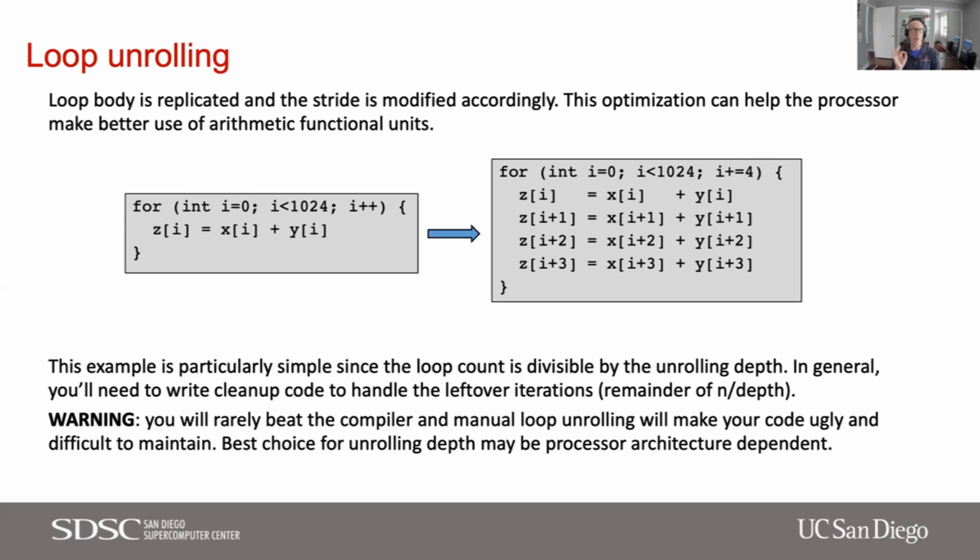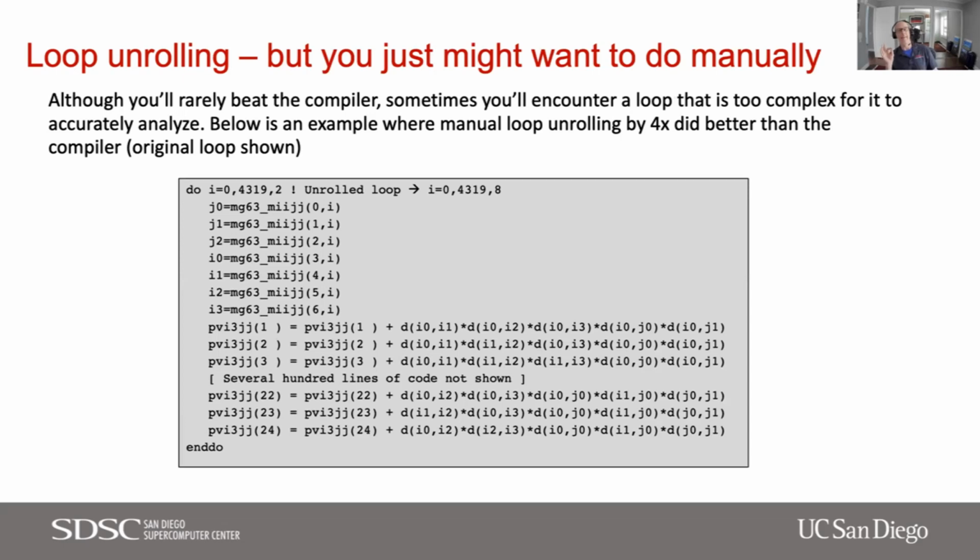So again, I would avoid manually doing loop unrolling, since the unrolling depth is going to be highly dependent on the processor architecture. But in some rare cases, you can actually beat the compiler. So that's why I want you to be aware of this technique.